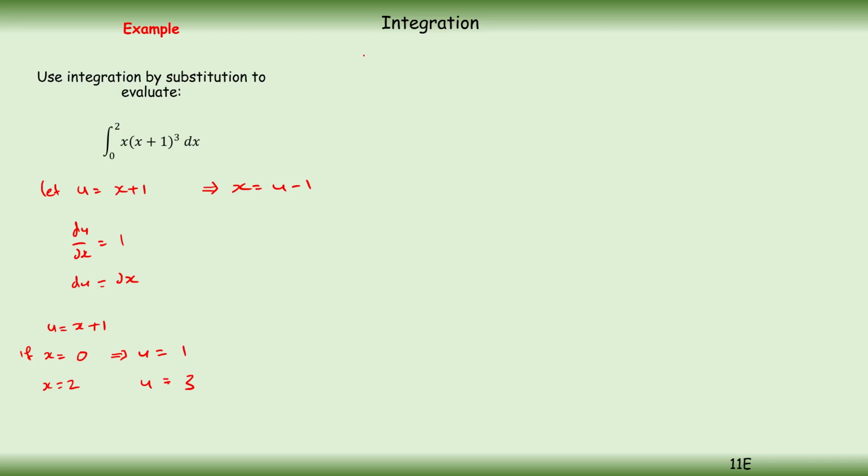Right, let's write our integral out and substitute. So we've got the integral of x times x plus 1 cubed with respect to x, which is equal to the integral of x, which is u minus 1, times x plus 1, which is u, cubed, and dx is equal to du.